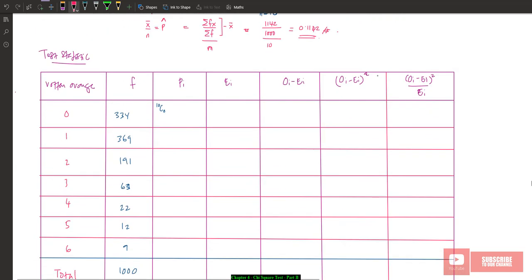Since we already have the value of probability of success, we input it into our formula.